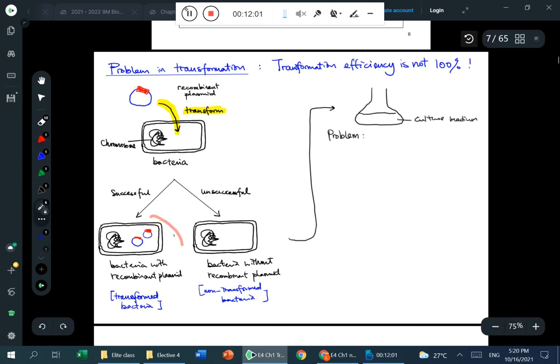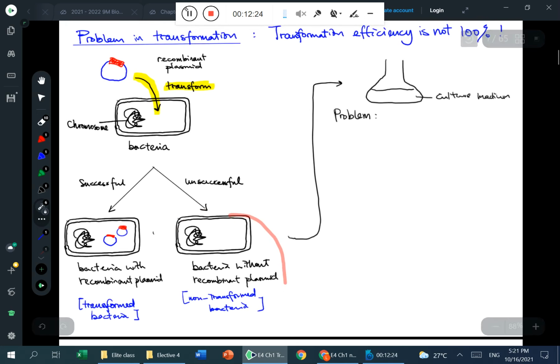Think about the workload. They need to sacrifice a lot of energy and a lot of materials, say amino acids, building a protein that is useless for their survival. While the non-transformed bacteria can reserve all the amino acids and all the glucose to make their own proteins and release energy for their own cellular activities.